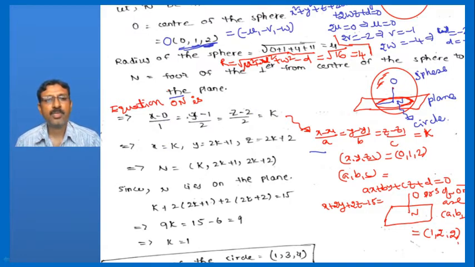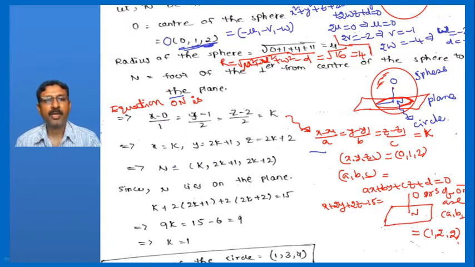So equating first and last terms, we have x equal to k, and the second and last terms, y equal to 2k plus 1. From the last two terms, z equal to 2k plus 2.